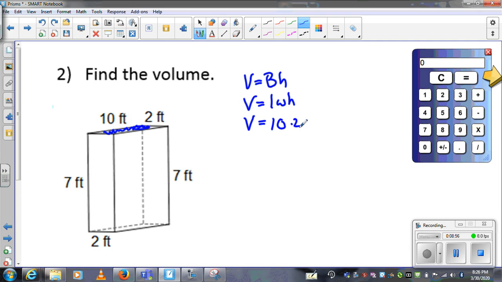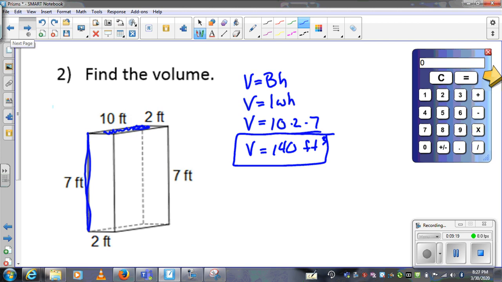Now you have to measure how long or how tall this is, and that would be times 7. So our volume here is 10 times 2 times 7. So let's see, I'm going to go with 2 times 7, which is 14. 14 times 10, 140. And that would be cubic feet.